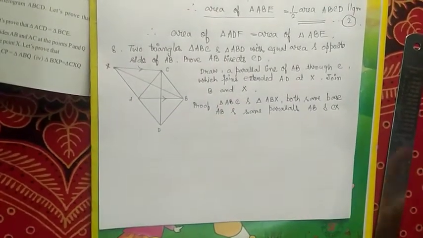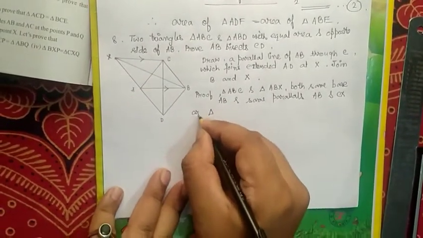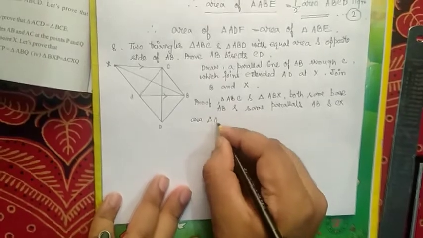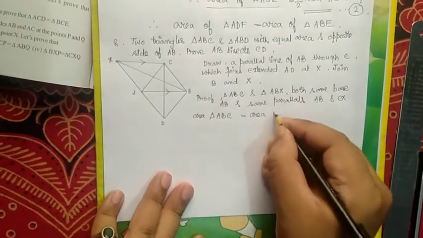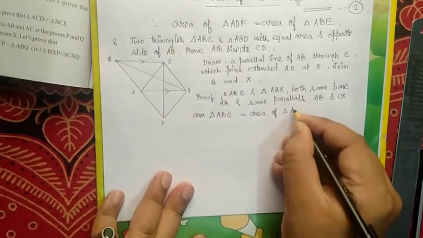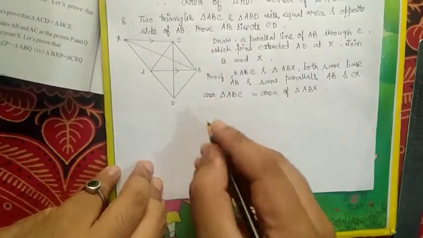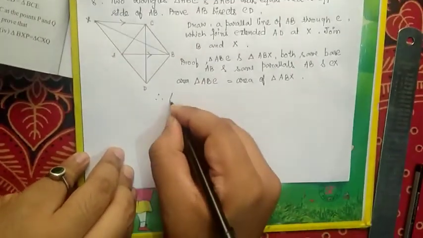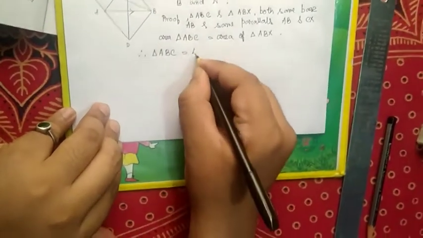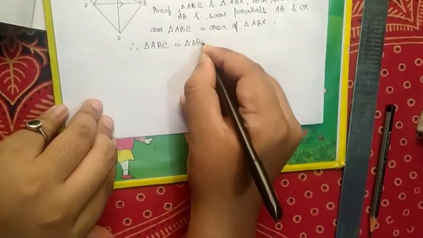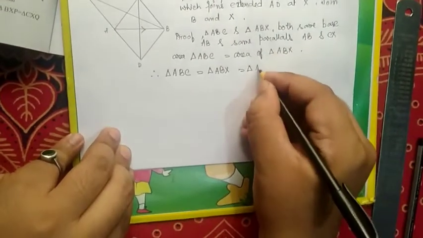So therefore, the area of triangle ABC is equal to the area of triangle ABX. So therefore we can say that triangle ABC equals triangle ABX equals triangle ABD.